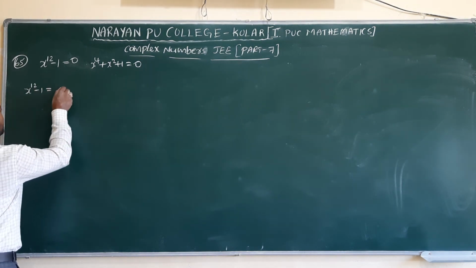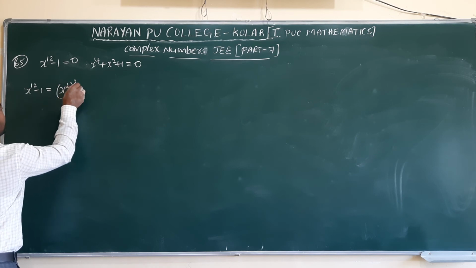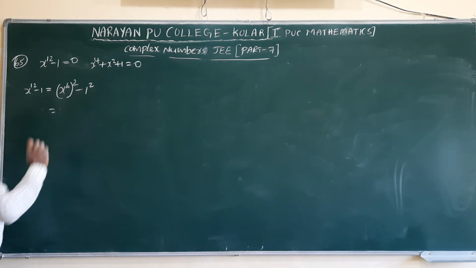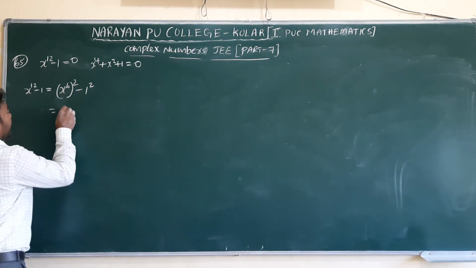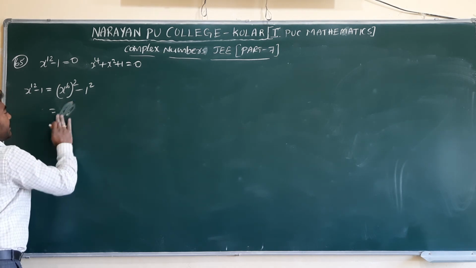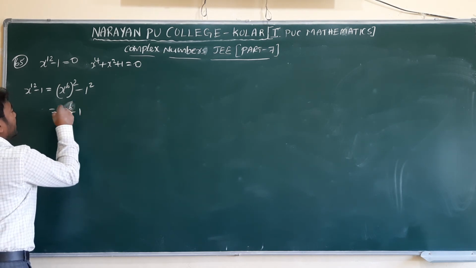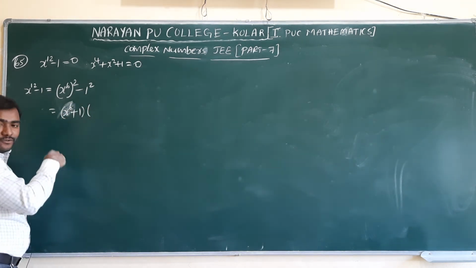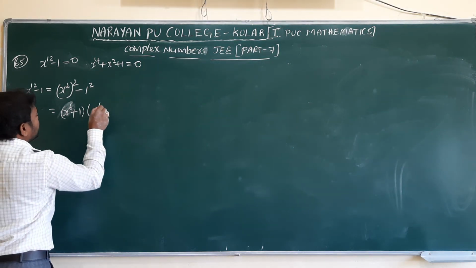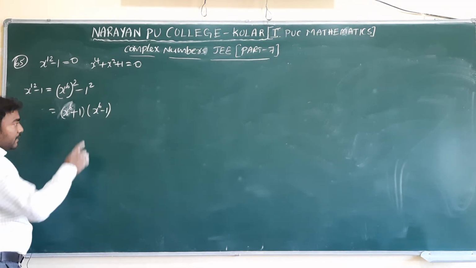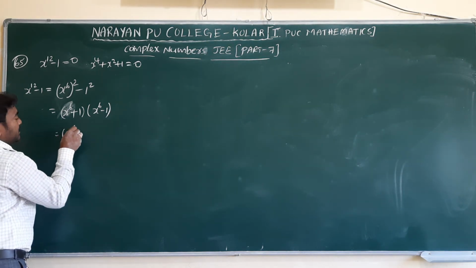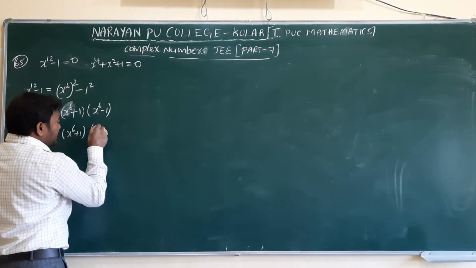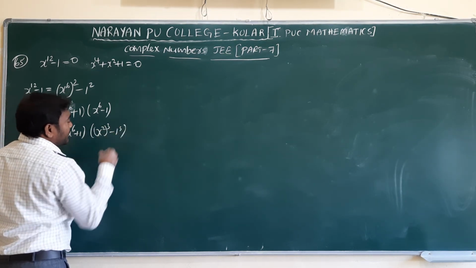But here x power 12 minus 1 can be written like this: (x power 6) whole square minus 1 square. Here the a square minus b square form is there. Here a minus b into a plus b. You can write (x power 6 minus 1) into (x power 6 plus 1). But here x power 6 plus 1 can be written as (x square) whole cube minus 1 cube.